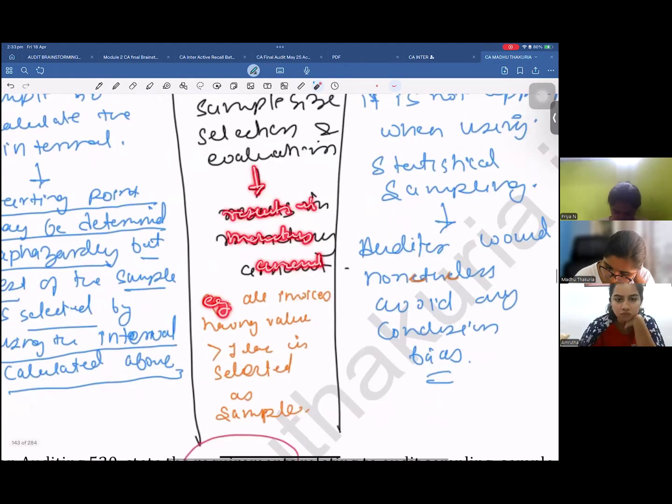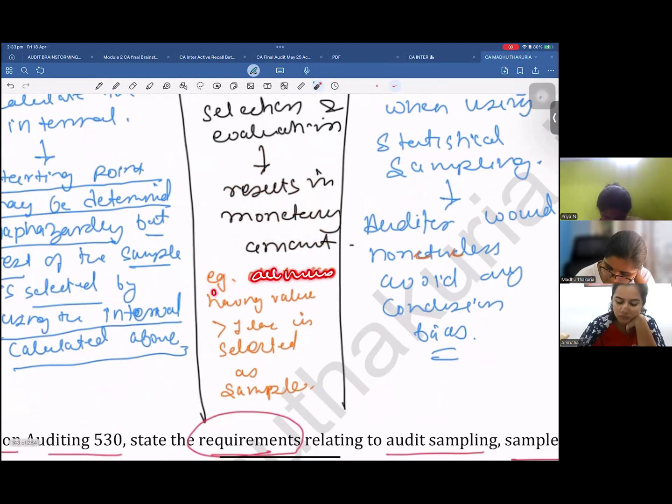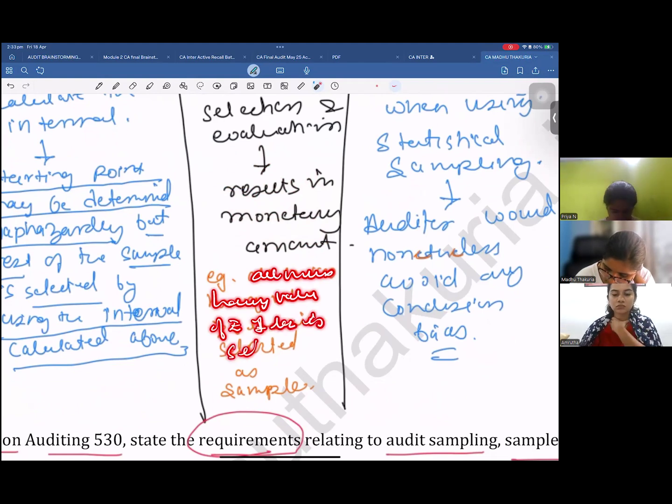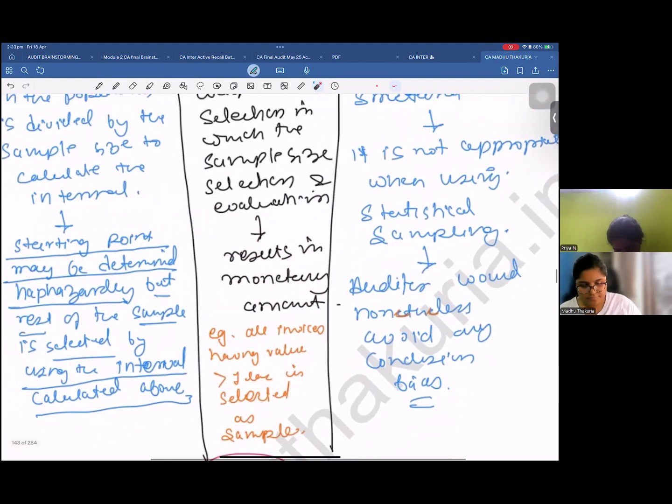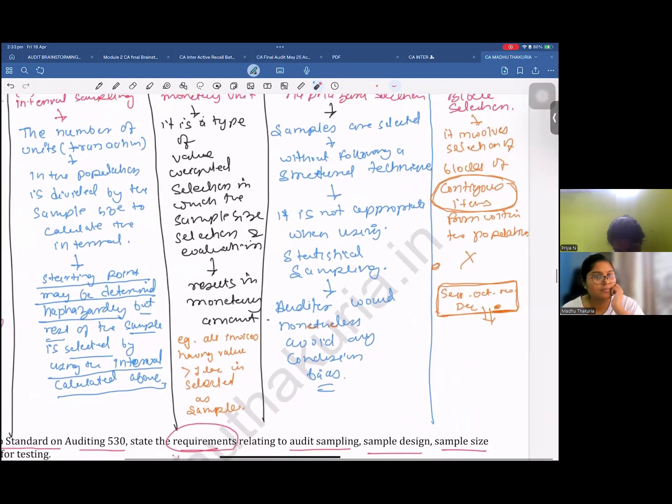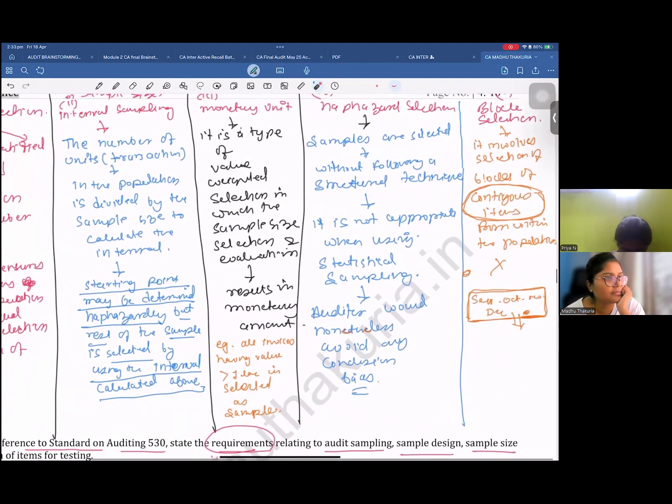Example, all invoices having value of rupees 1 lakh is selected as sample. That is monetary unit.